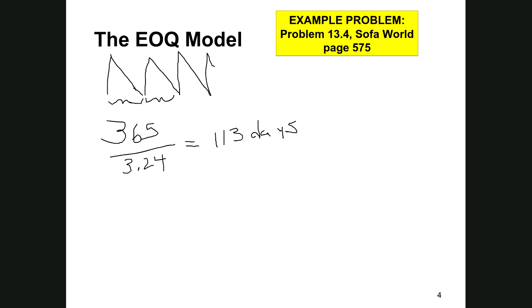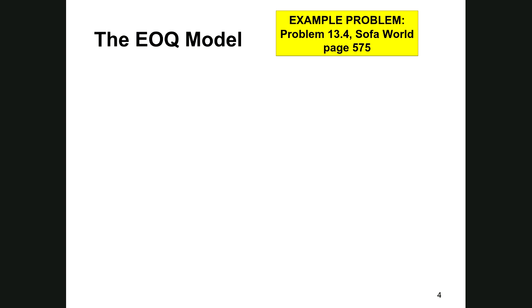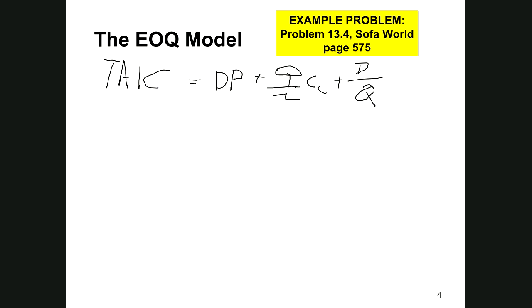And then lastly, I'll come back to the total cost. And total cost, and I should say it's actually the total annual inventory cost, is going to be D times P plus Q over 2 times the carrying cost plus D over Q star times our ordering cost.